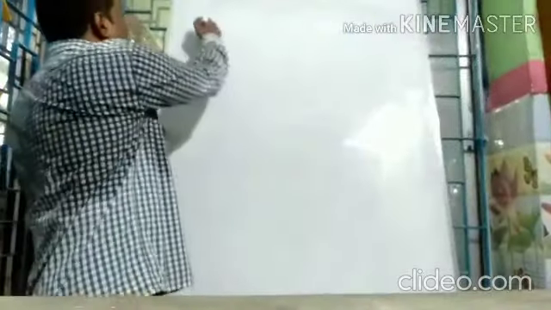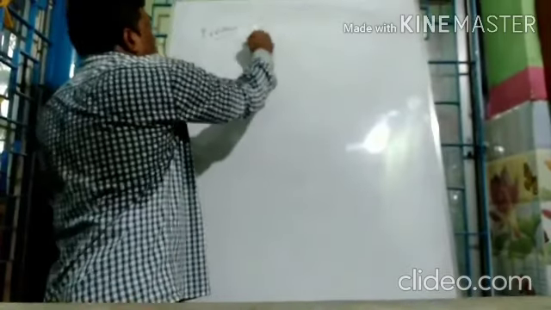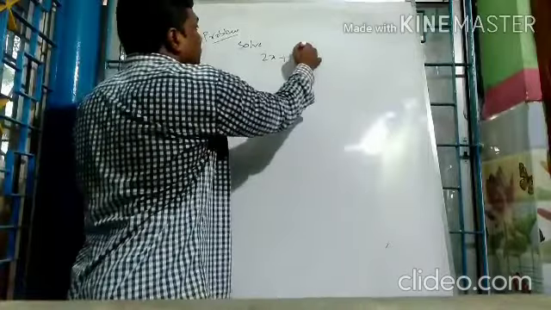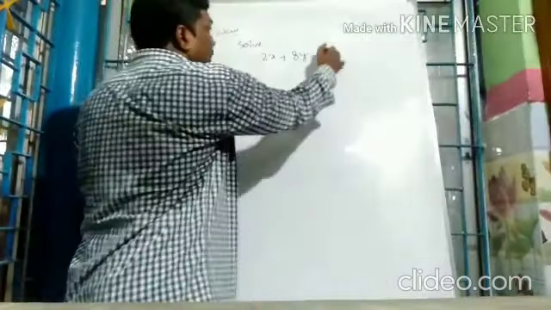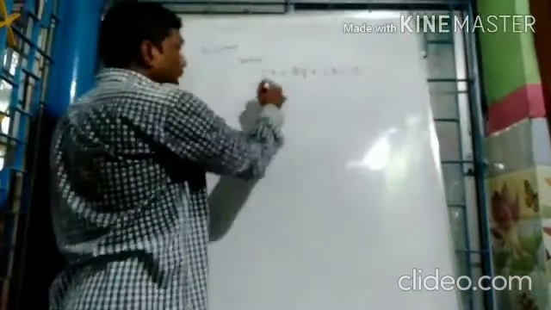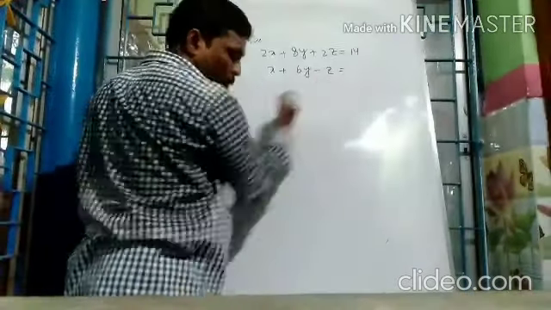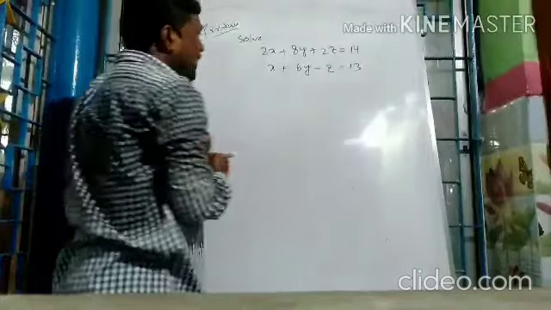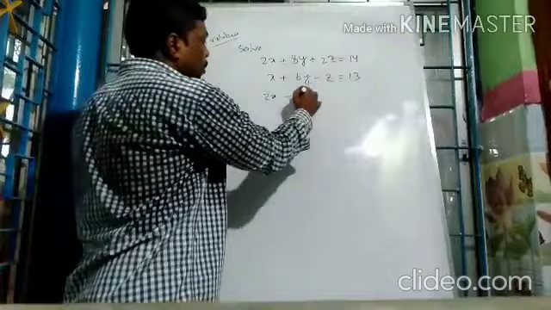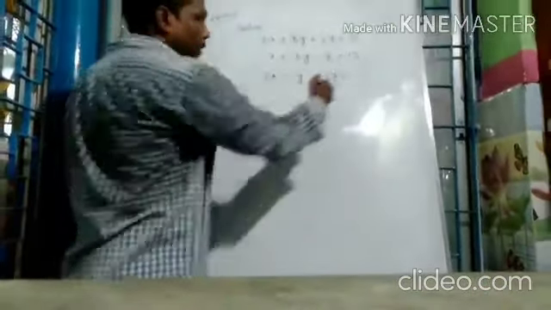Okay. Take one more problem. Solve 2x + 8y + 2z = 14, x + 6y - z = 13, 2x - y + 2z = 5.